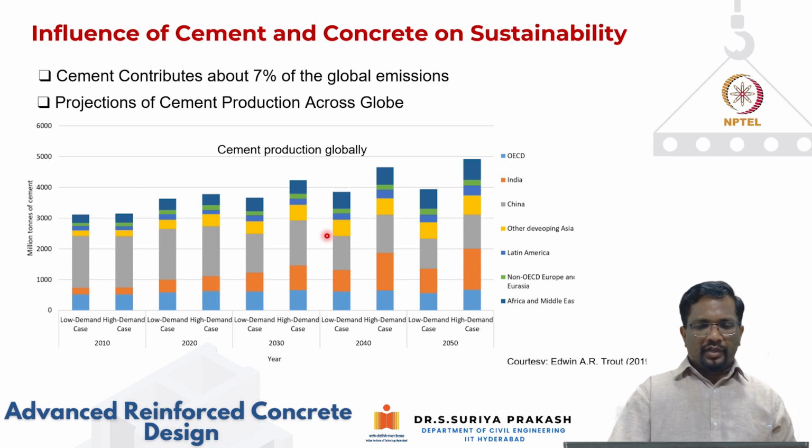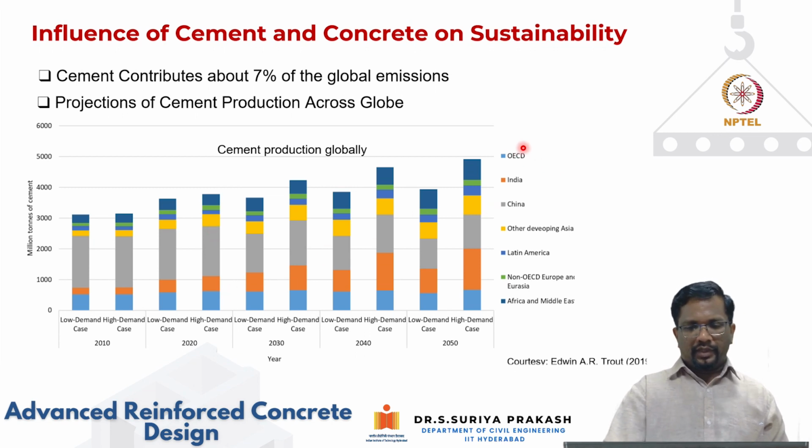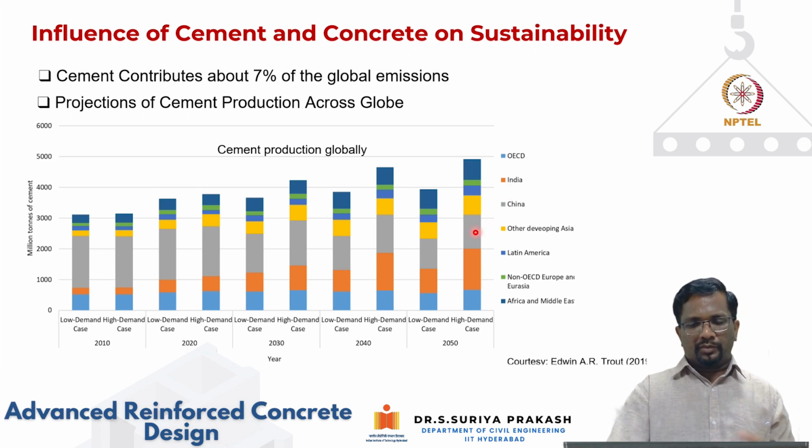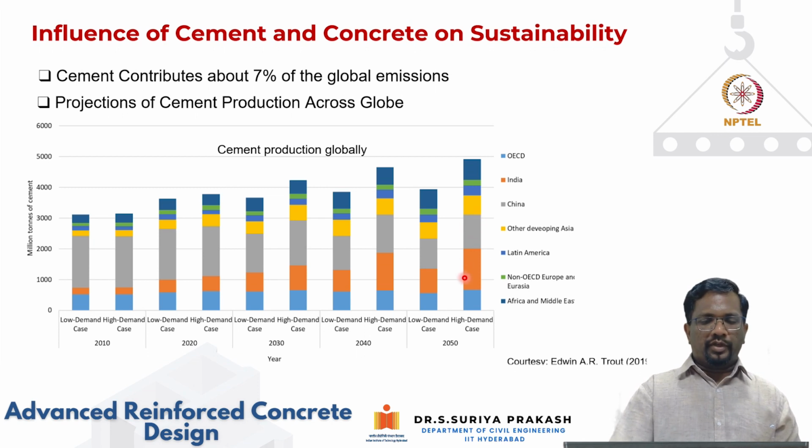We are very far behind China, and slightly lower than OECD countries. But in the year 2050 for a high demand case, India is going to overtake China in terms of cement use and production. India will become one of the largest producers of cement as well as consumers of it.